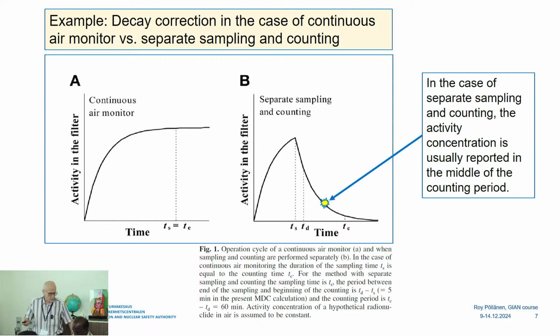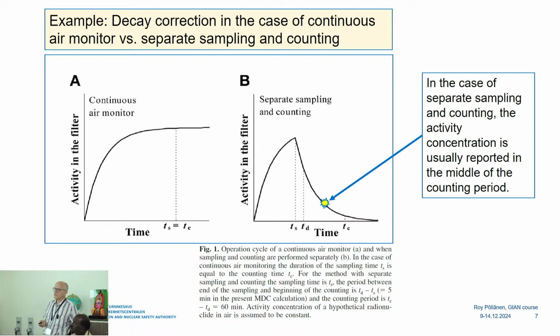Here is an example for air monitoring in case of continuous sampling versus separate sampling and counting. In case of nuclear power plants, they often use continuous air monitoring.